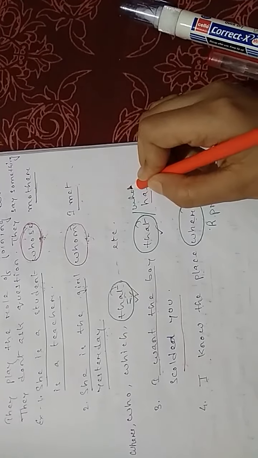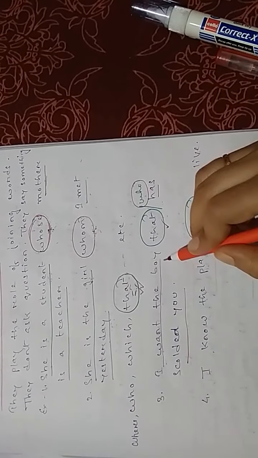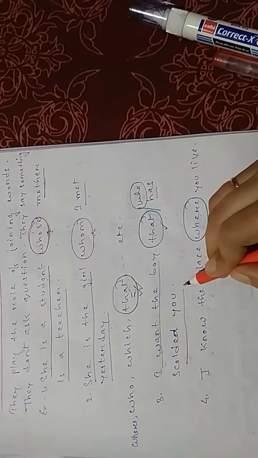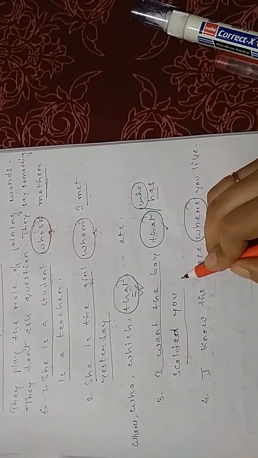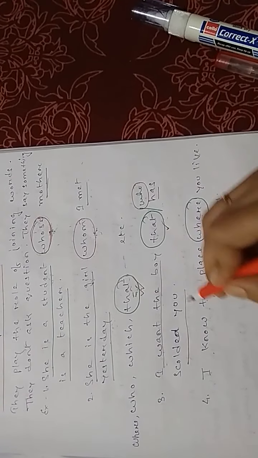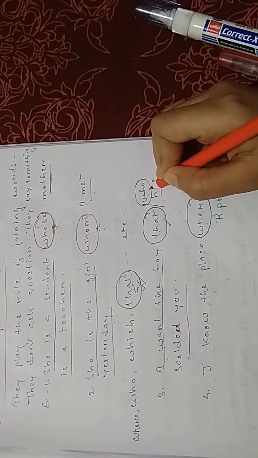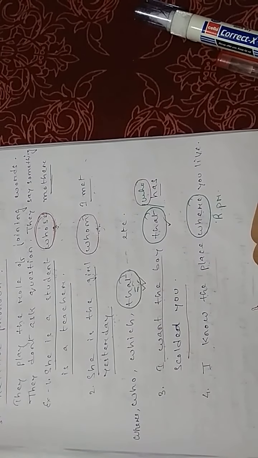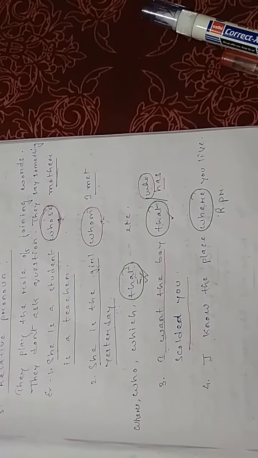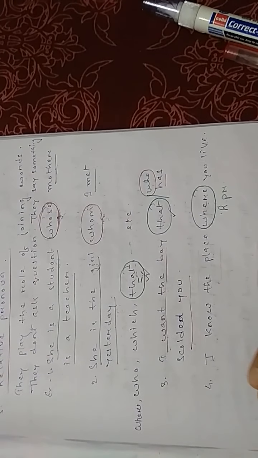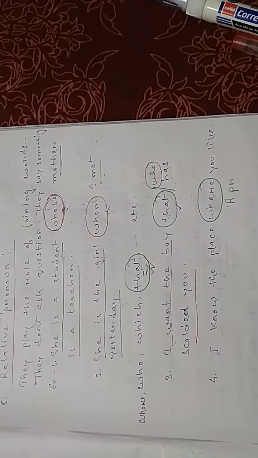I can also use the word who here. I can say, I want the boy who has scolded you. So I'm not asking any question here. I'm just relating the two parts of the sentence with the help of this word who or that. Okay? So this is all about relative pronoun. In my next class, I'll talk about reflexive and emphatic.